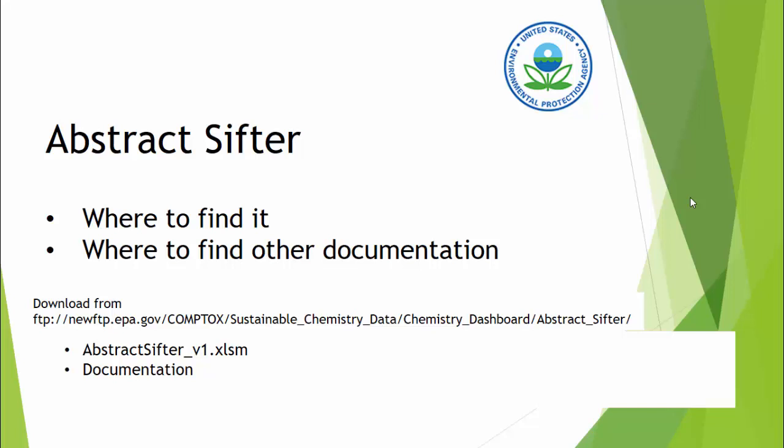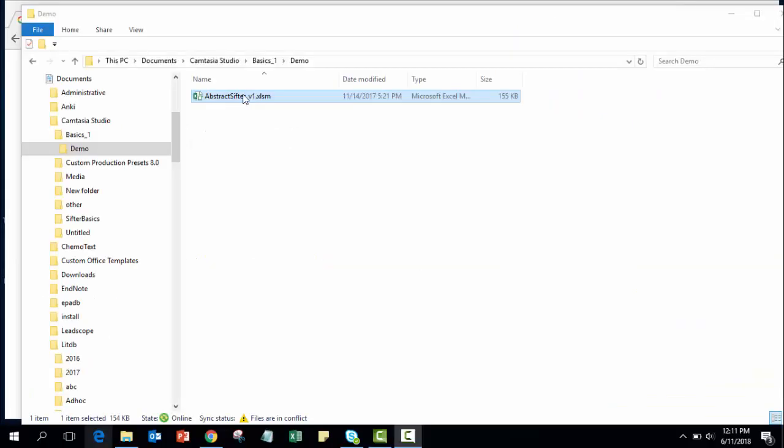The Abstract Sifter works in Windows and Excel versions 2013 and 16. This tutorial assumes the viewer is familiar with Microsoft Excel and with PubMed. To open the Abstract Sifter, double-click on the file name or go into Excel and open it from there. You may have to enable content or macros when you open the Excel file.